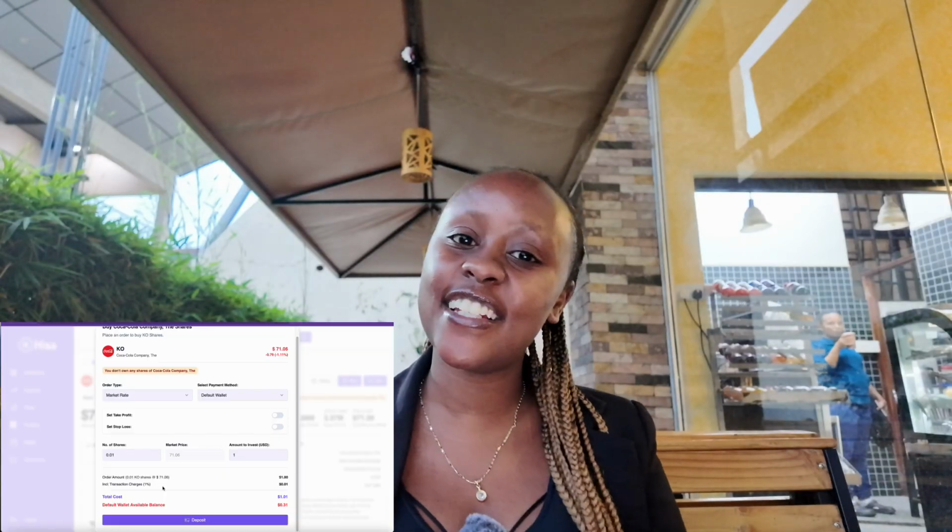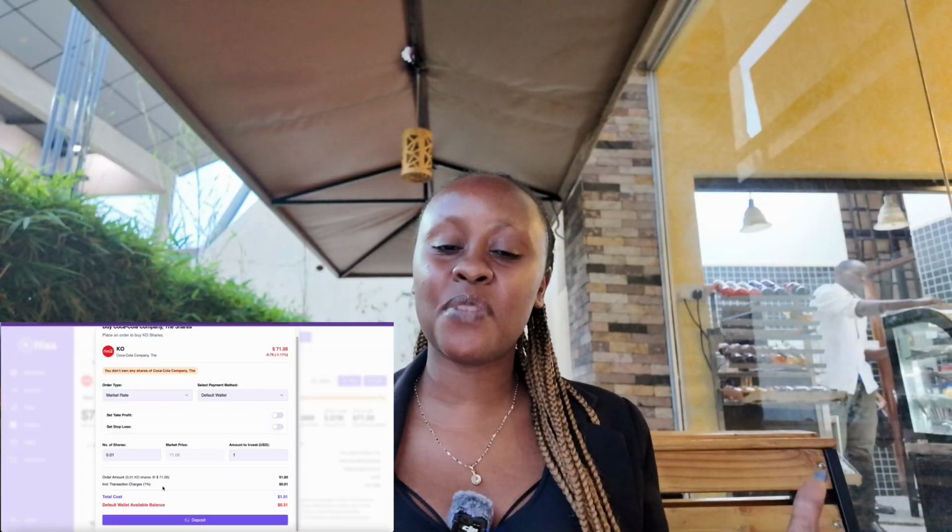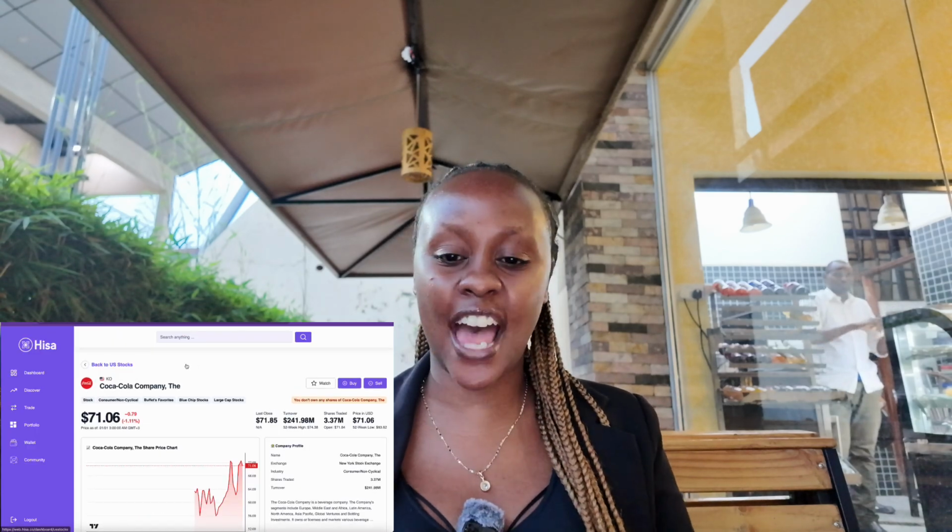You simply choose a platform, give the necessary documents, fund your investment account, pick a company to invest in, and simply tap buy. It is as simple as that.